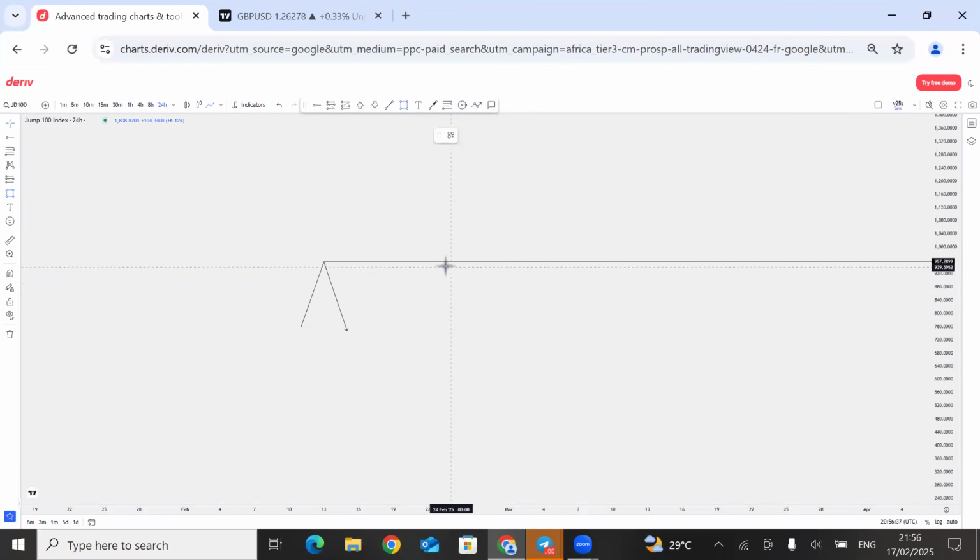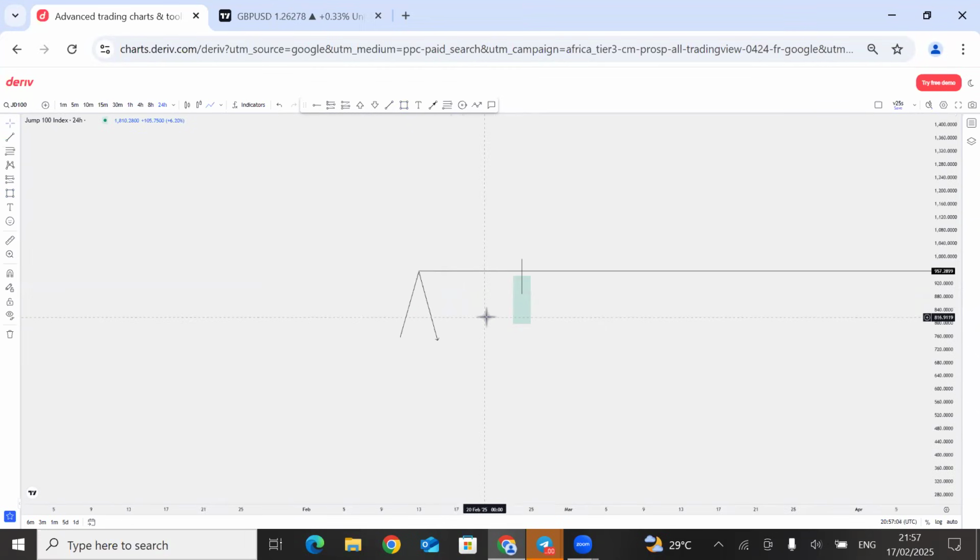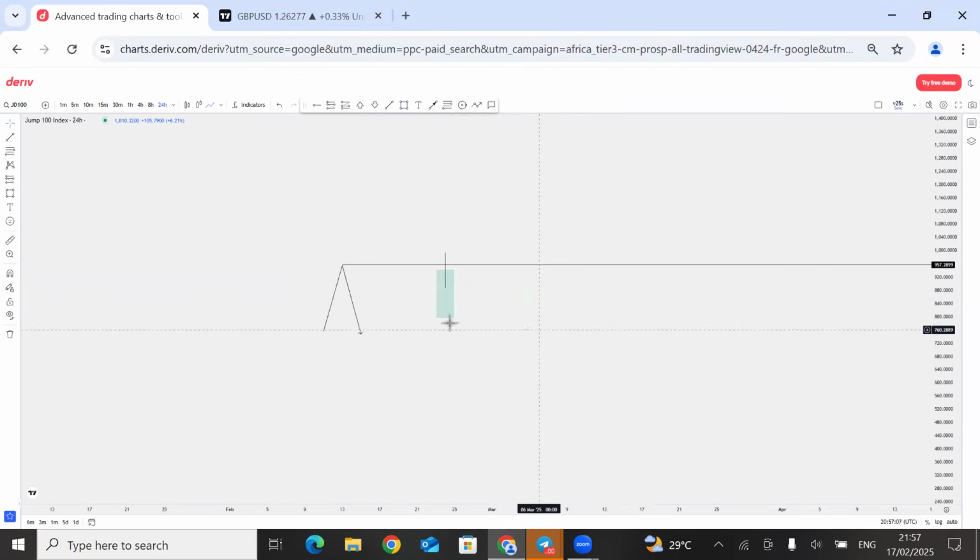We're expecting to see a candle on the same time frame come and tap into this key level with a wick, like this, and close below the key level. So let's say if we're on the daily or weekly time frame, price closes below this key level like this.